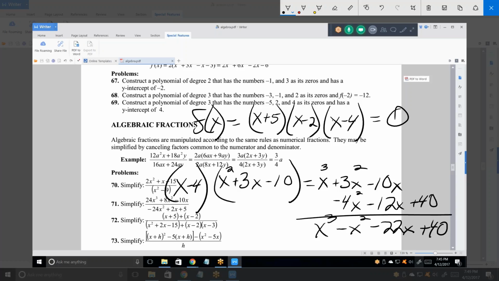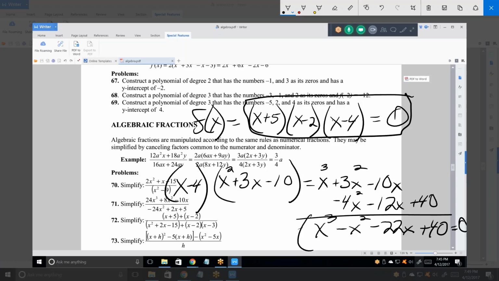So this polynomial has a y-intercept of 40. I know that this is equal to 0 because those were the zeros. So I know if I multiply this thing out, it's equal to 0.